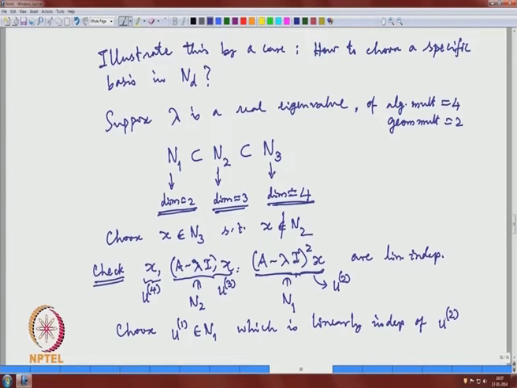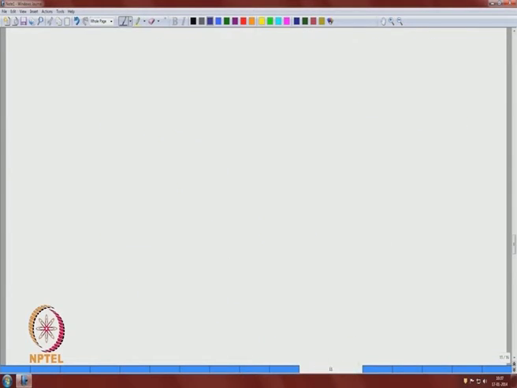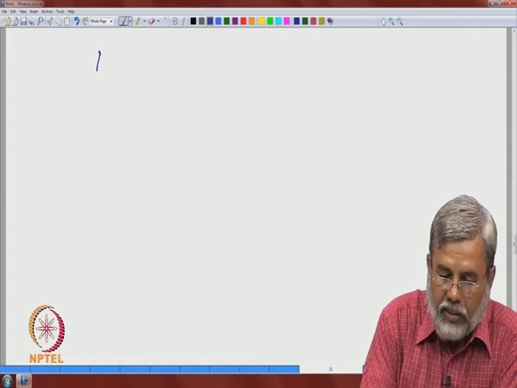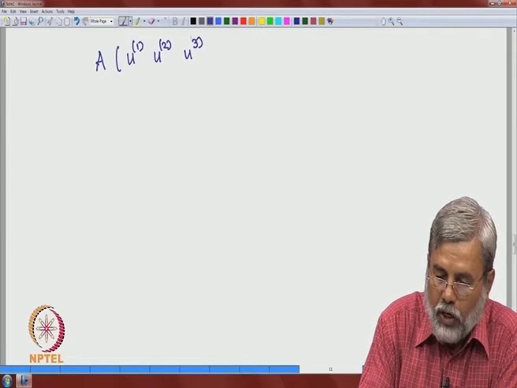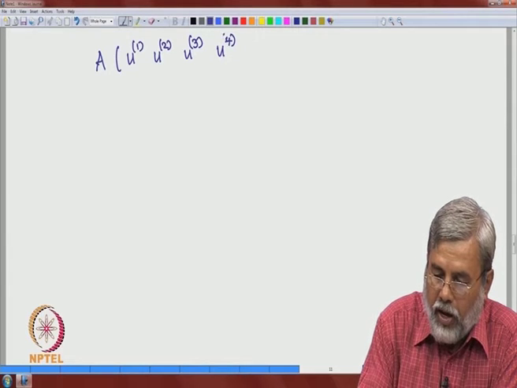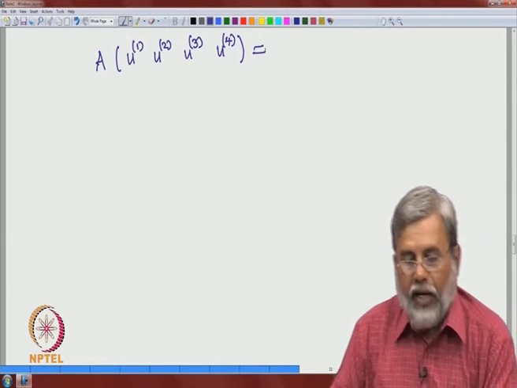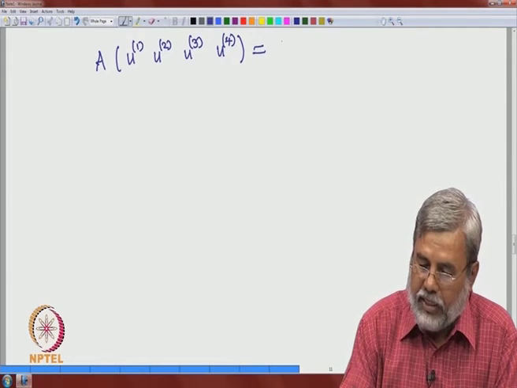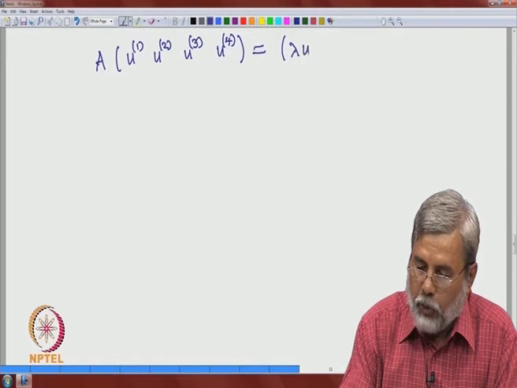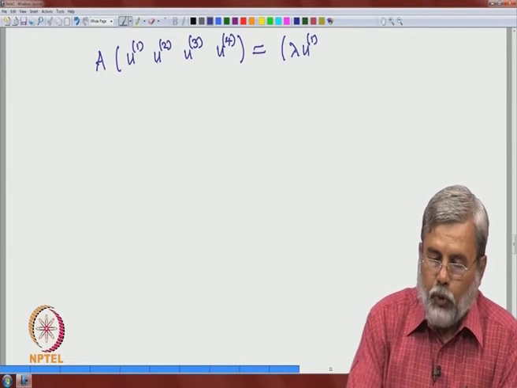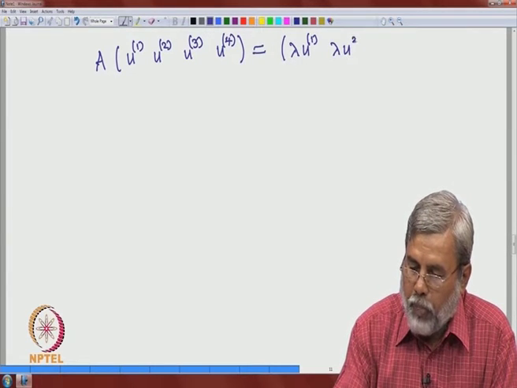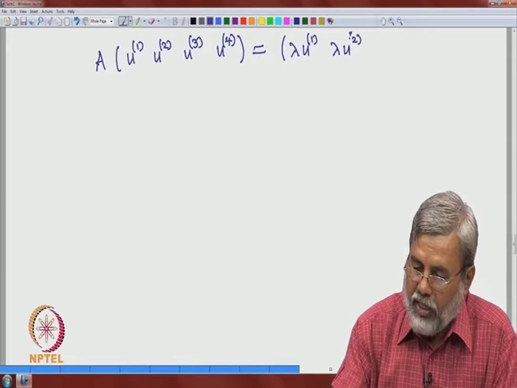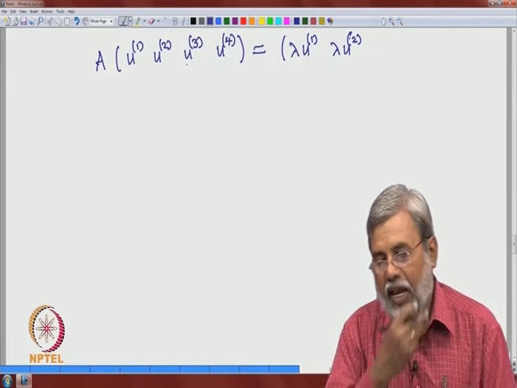Okay. And now, you apply A to these vectors u 1, u 2, u 3, u 4. Okay. And u 1 is in N 1. So, this just becomes lambda u 1 and u 2 is also in N 1. So, that becomes just lambda u 2, but u 3 is in N 2.